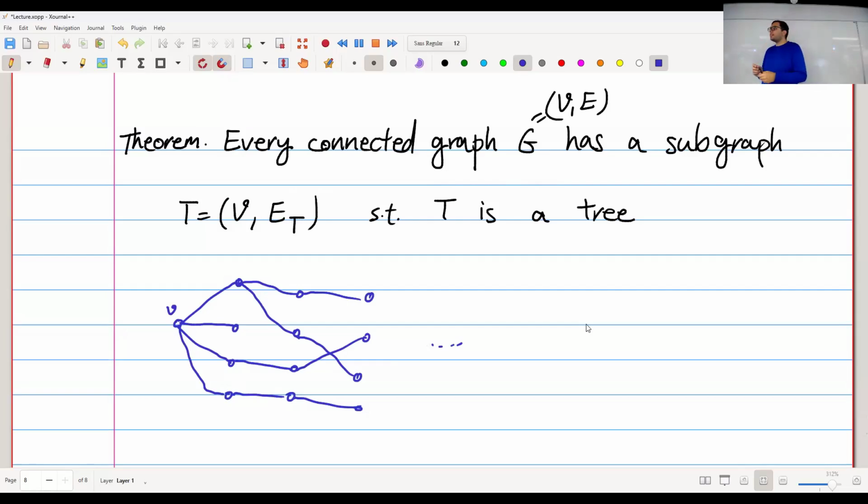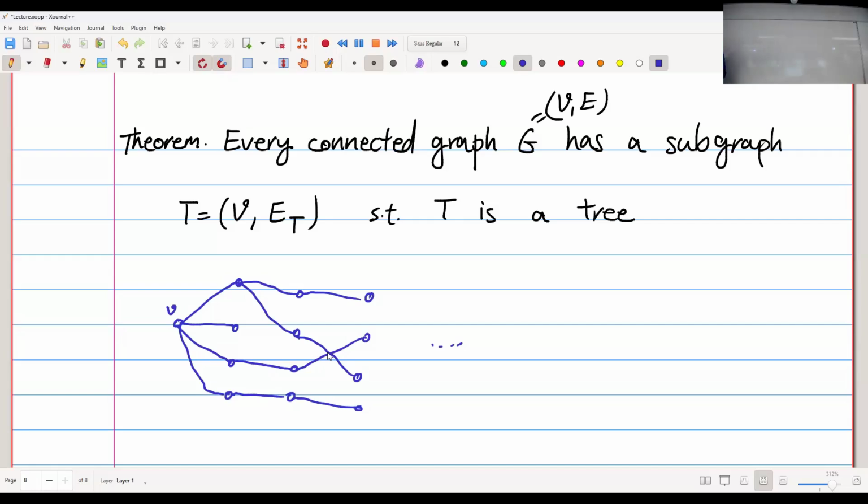Okay, so let's say I have a vertex that is at distance D. So the shortest path from V to that vertex takes D edges. It will be added to layer D of this tree. And it's a tree because every vertex in layer D is connected to exactly one vertex in layer D minus 1.